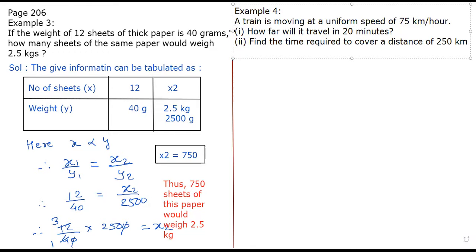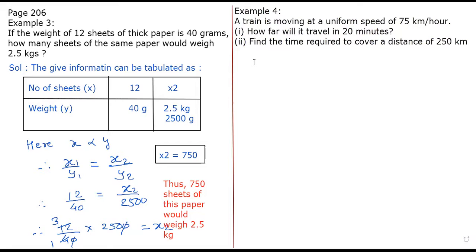So what happens if the speed is constant? In more time, will you travel more distance or less distance? More distance. In less time, less distance. More time, more distance.